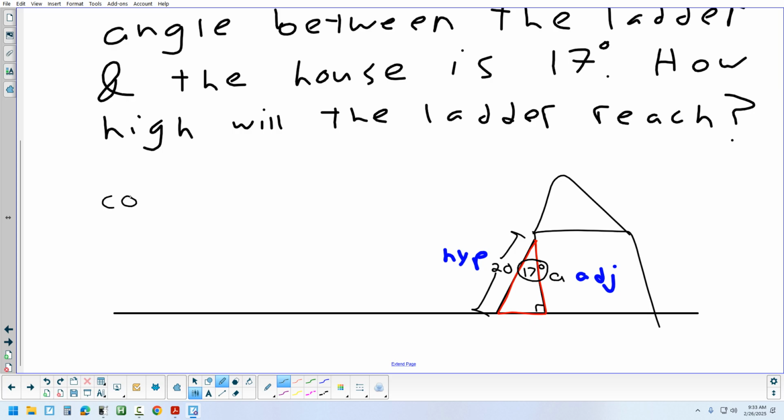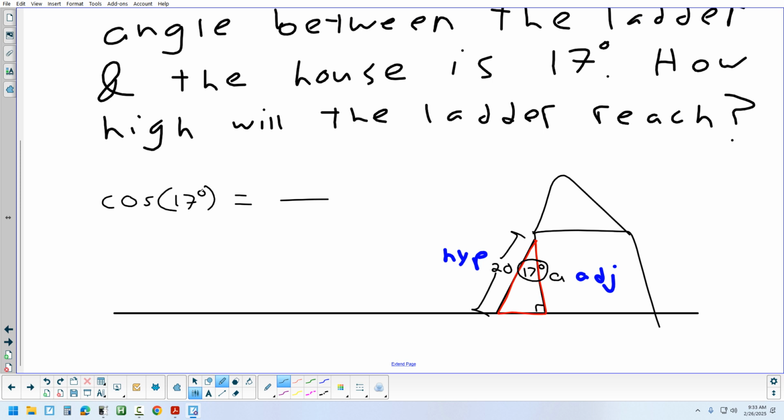Cosine. Okay, what's my angle? 17. Now that I know that's a number, I know that I'm definitely not going to use what in this problem? Inverse trig. I am not using inverse trig. Inverse trig would be if you didn't know the angle. Okay, we know it.